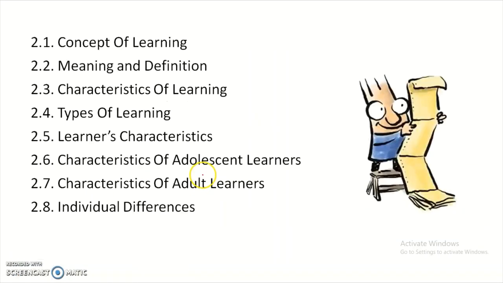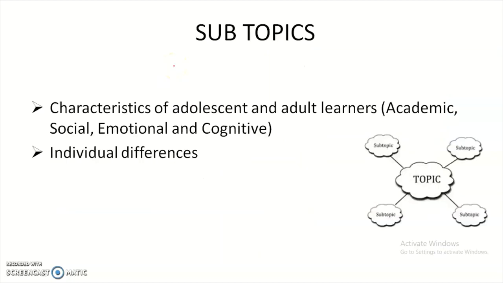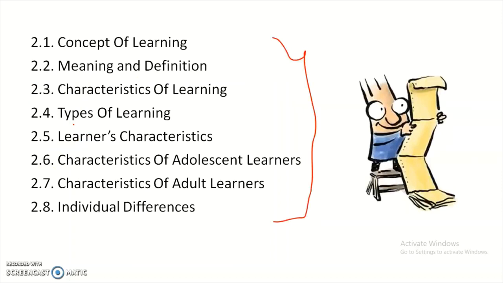But to make you understand clearly, I divided those two subtopics into 8 subtopics. Don't get scared, all these 8 subtopics are important for the exam. In the UGC syllabus they just give these two as subtopics, but as per the previous year questions, we definitely have to go through all 8 subtopics.